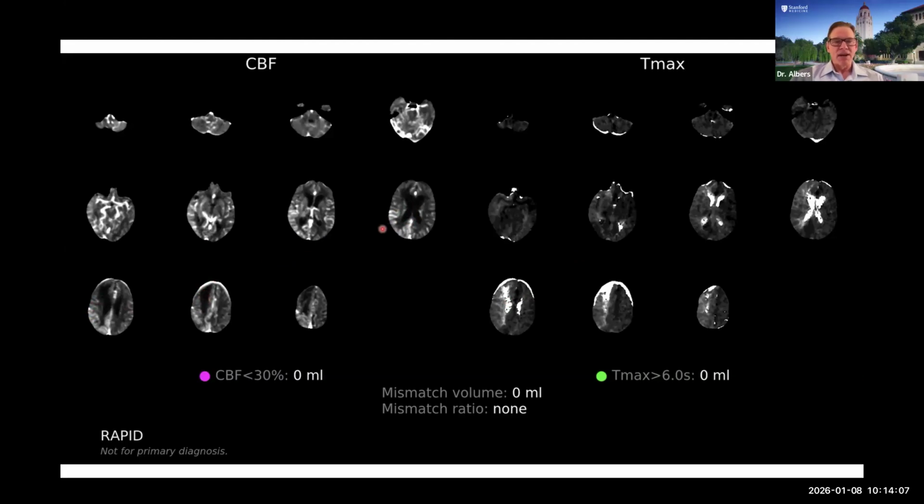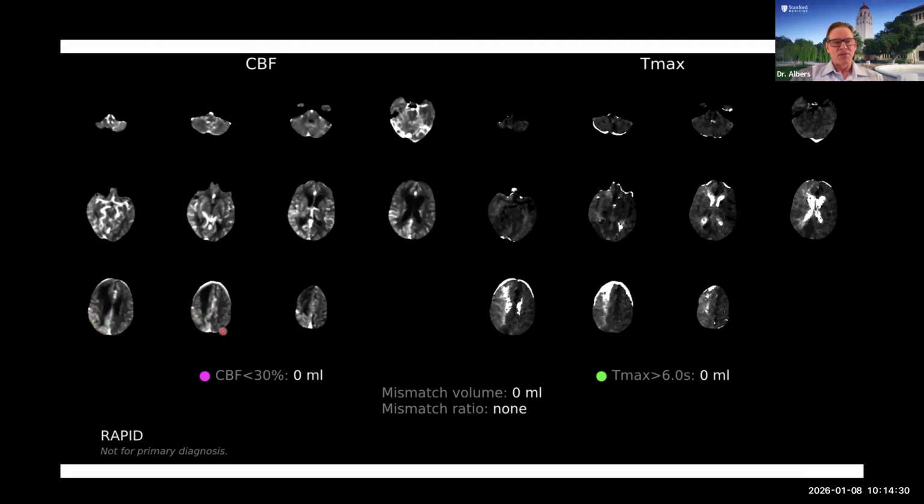If I saw other areas that were dark but not black, that could be CBF that's reduced but not low enough to meet this threshold of less than 30% of normal. But what I see in the right hemisphere, which is a hemisphere we know that had a previous stroke, is I'm seeing bright CBF hugging the cortex. So bright CBF means high.